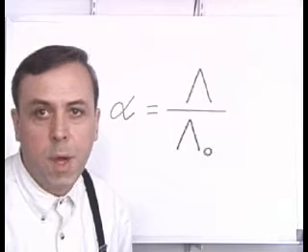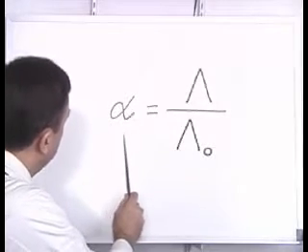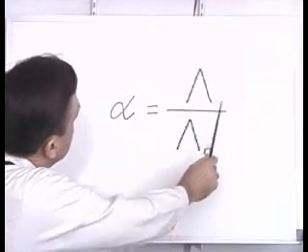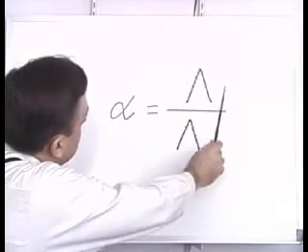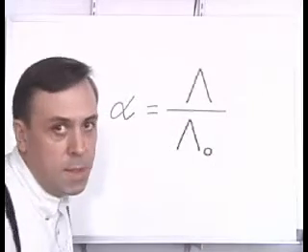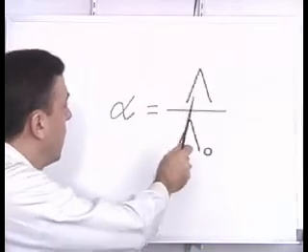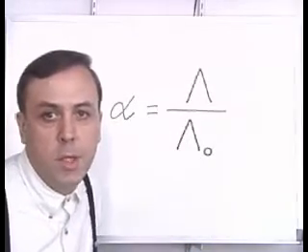For the purposes of our discussion, we will note that the degree of electrolytic dissociation is equal to the ratio of the molar conductivity lambda over the molar conductivity of the solution at infinite dilution. These quantities will be defined in another lecture.